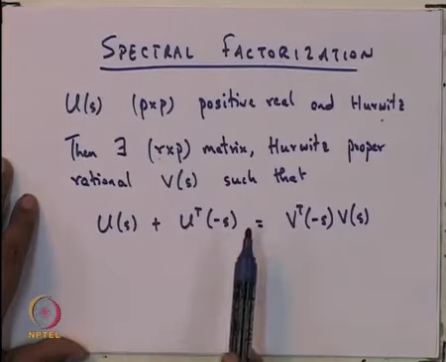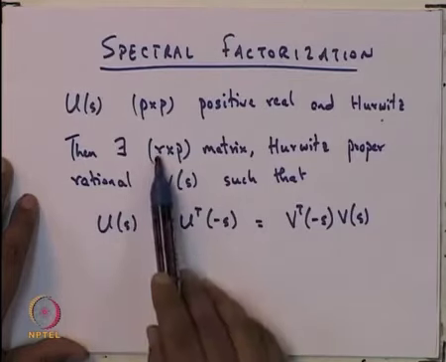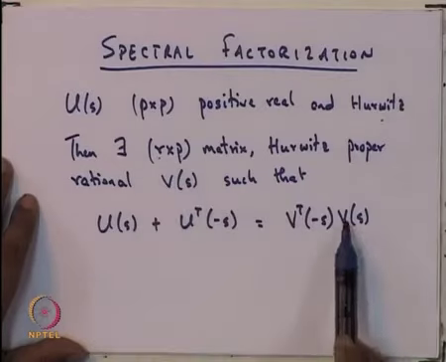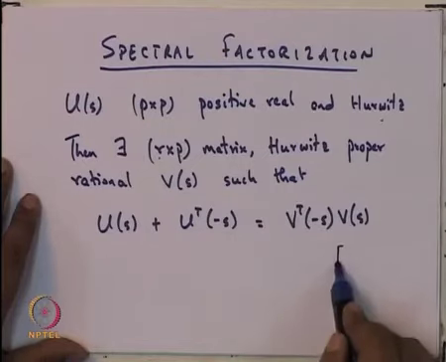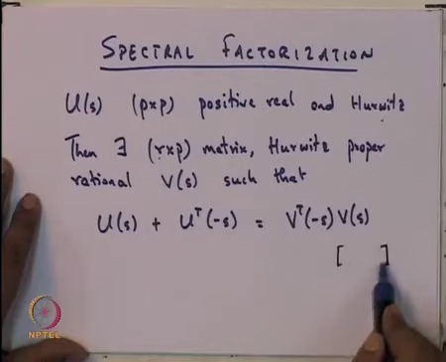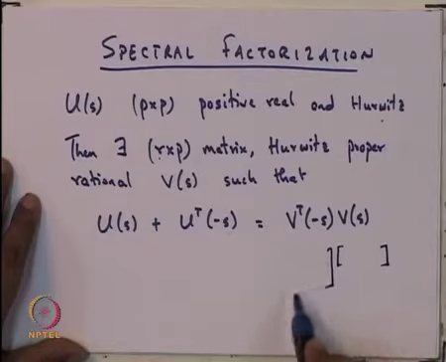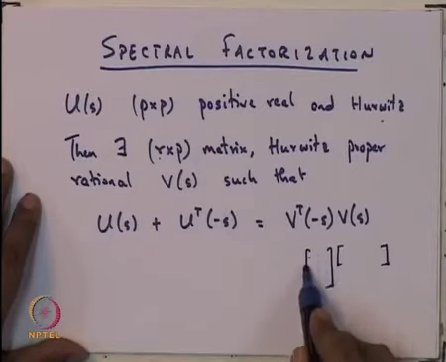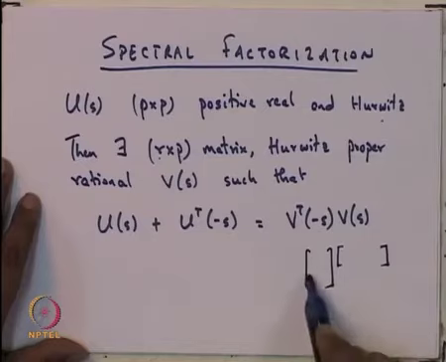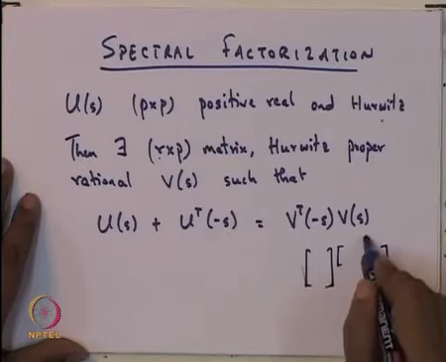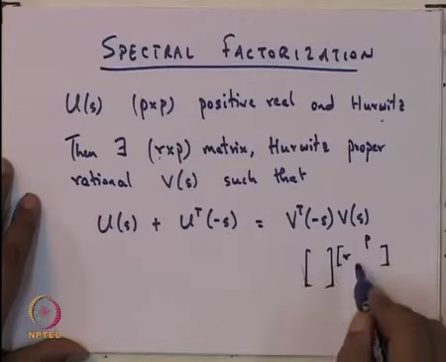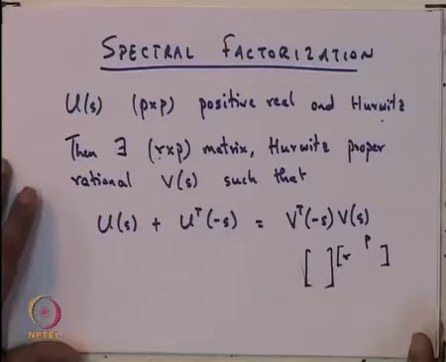It has a certain rank, and that rank is this R, and therefore this matrix V is not really a square matrix, but V is more like this, and so V transpose is like that. Okay, and so the product of these two matrices is a square matrix. So this has P columns and R rows. That is what V(s) is.